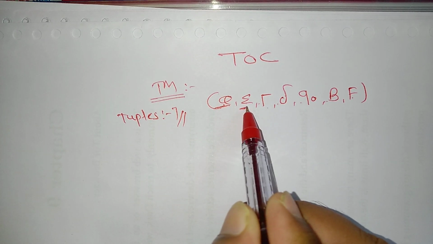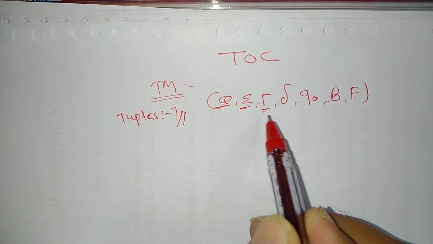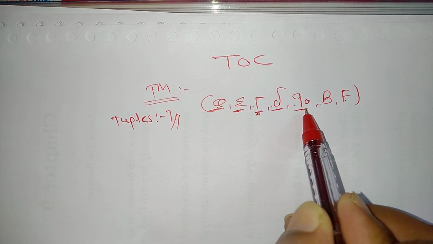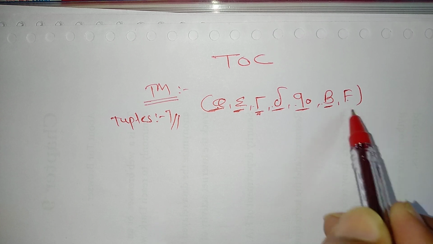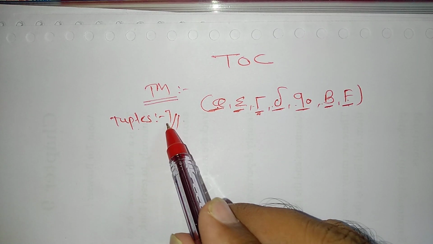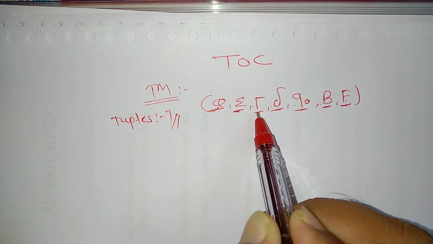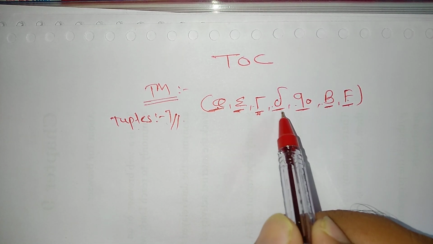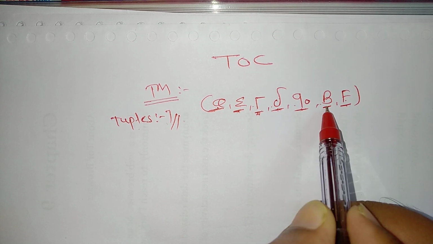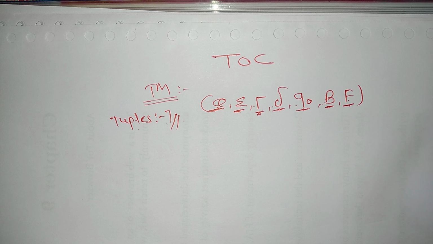Q, the set of states; the input symbols; the tape symbols, keep in mind these are the symbols of the tape; delta, the transition function; Q0, the starting state; B, which stands for blank symbol; and capital F, which stands for the final state.